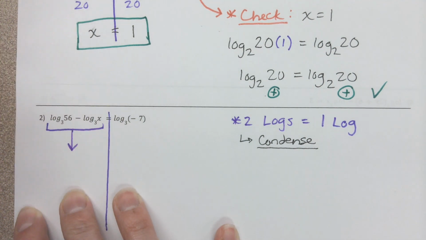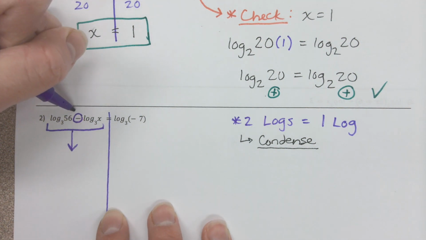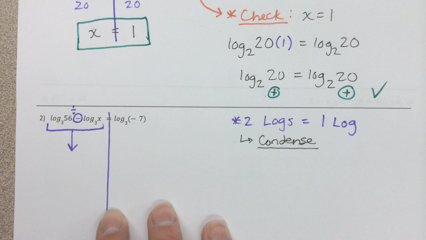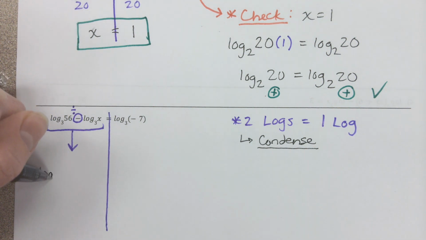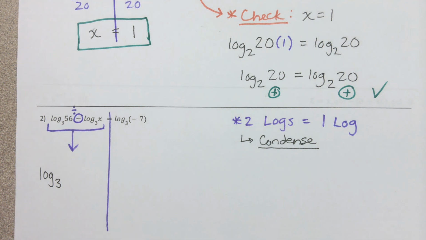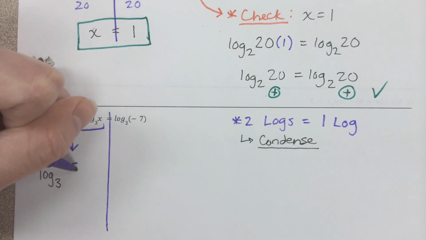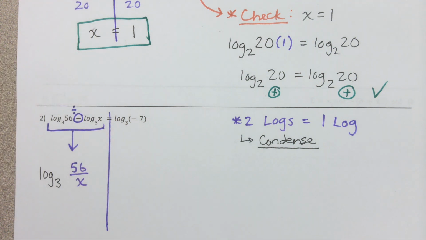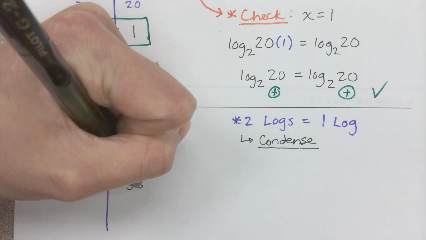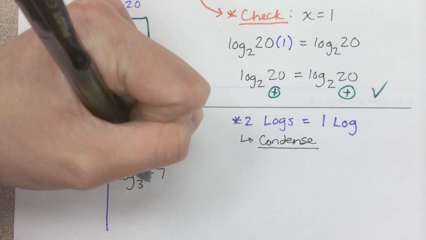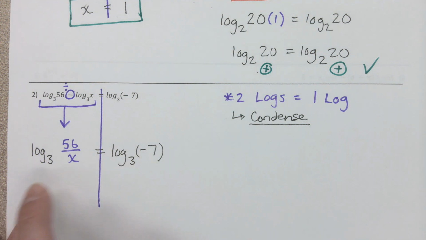So let's condense. No exponents to deal with. We just have this minus in the middle, which tells us to divide. So we have log base 3. And then when we divide, we have to go in order. 56 divided by x, 56 over x, equals log base 3 of negative 7. Now we currently have log equals log.